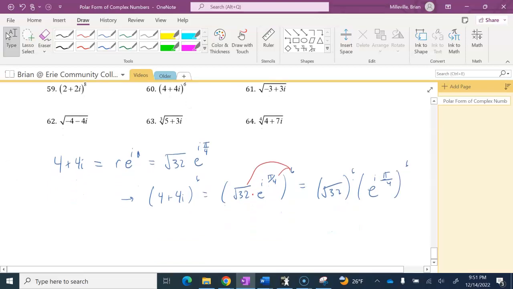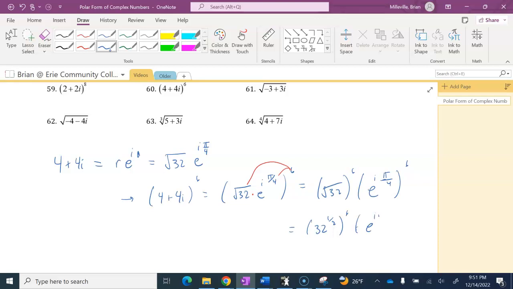Now we would do something a little bit different in each case. The square root of 32 is the same as the 1/2 power, so we could think of this as 32 to the 1/2 and then raised to the 6th power. We'll multiply those exponents together, and then we'll multiply these exponents together.